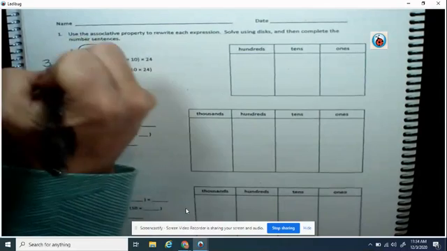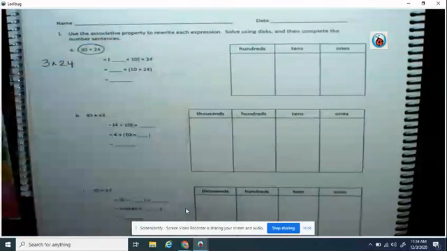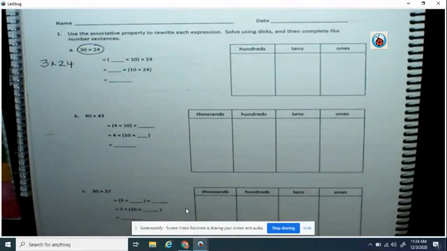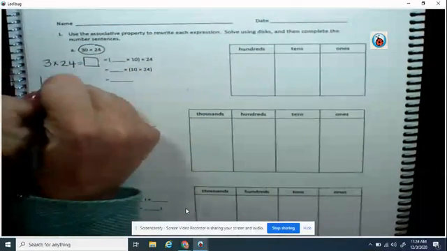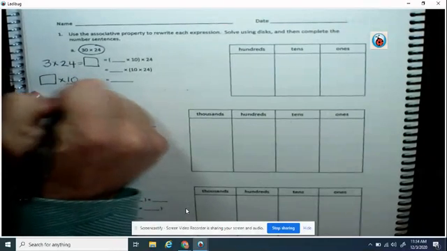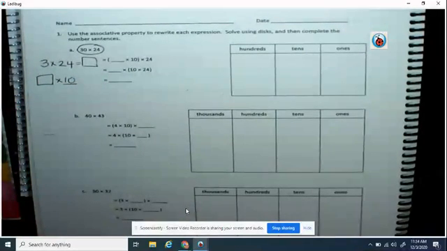We could do the 3 times the 24, take out the 0, and then add that 10 back in later. Once we find the answer, we would then multiply that by 10 or add the 0 to the end, and it would be the same. So that's basically what we're doing here, but it's a little bit more complicated.